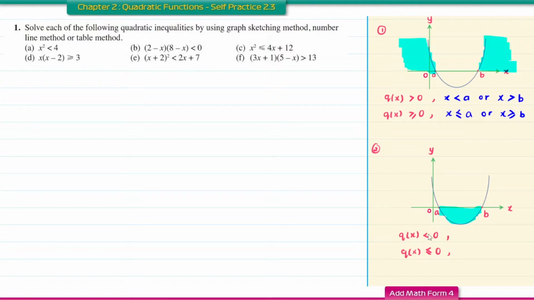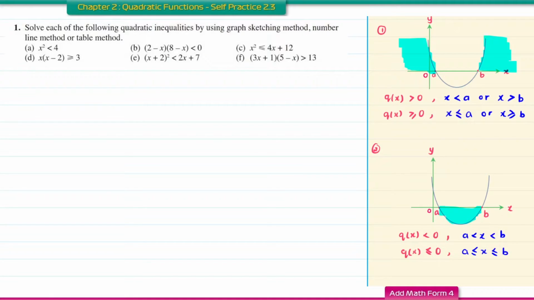When your quadratic equation is less than 0, then the value of x will be greater than a but less than b. And when your quadratic equation is less than or equal to 0, then the value of x will be greater than or equal to a but less than or equal to b.